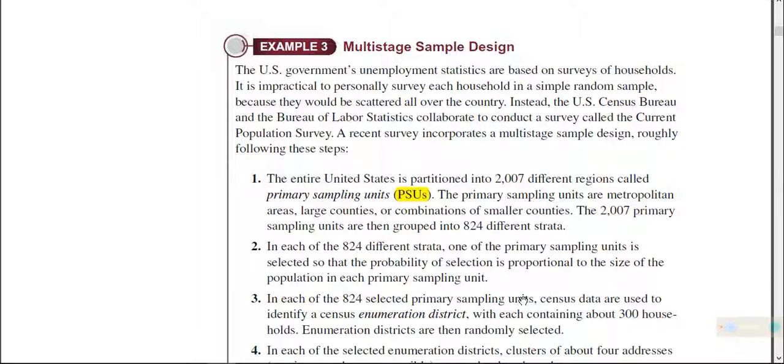So, out of 2007, nagkaroon tayo ng mga smaller groups. So, nagkaroon na lang tayo ng 824 na groups. So in each of the 824 different strata, one of the primary sampling units is selected so that the probability of selection is proportional to the size of the population in each primary sampling unit. So again, stratified pa rin tayo.